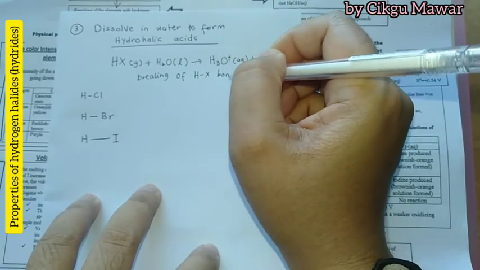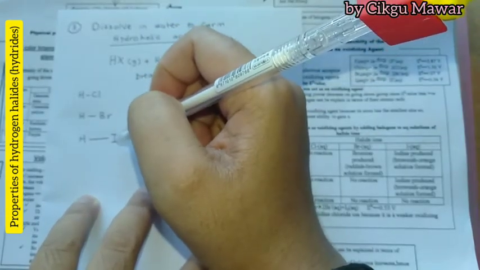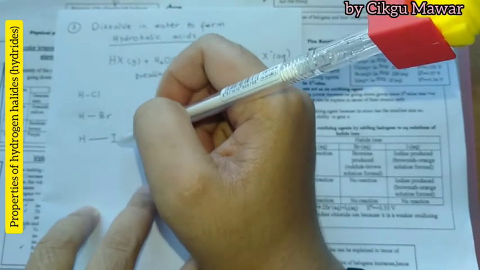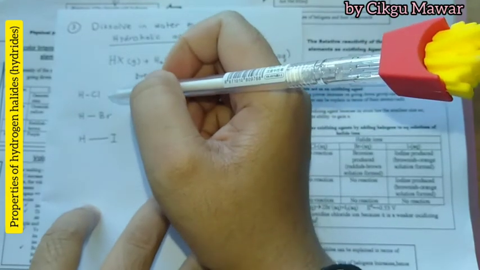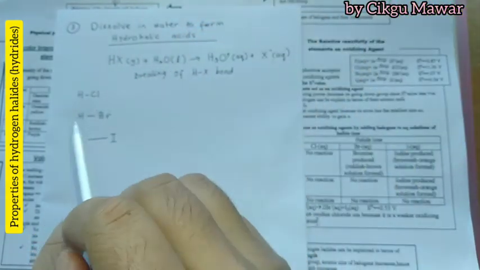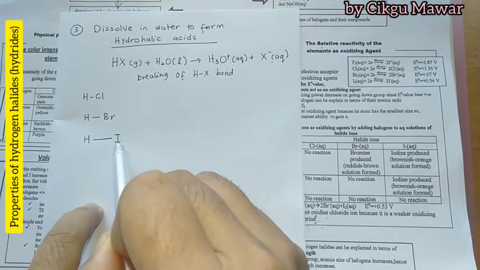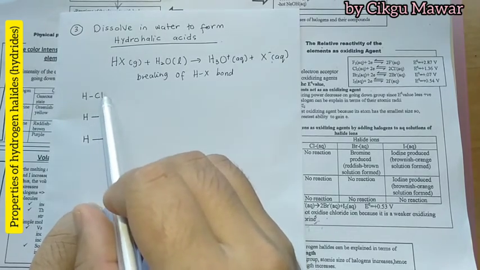Going down the group, the HX bond becomes longer, hence the bond becomes weaker. So you can see that HI is easier to break compared to HBr, followed by the HCl bond.